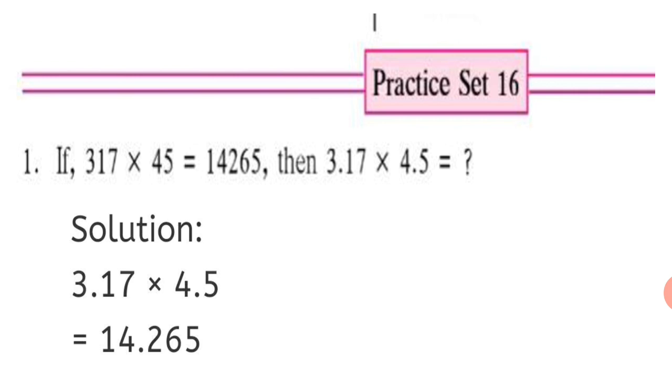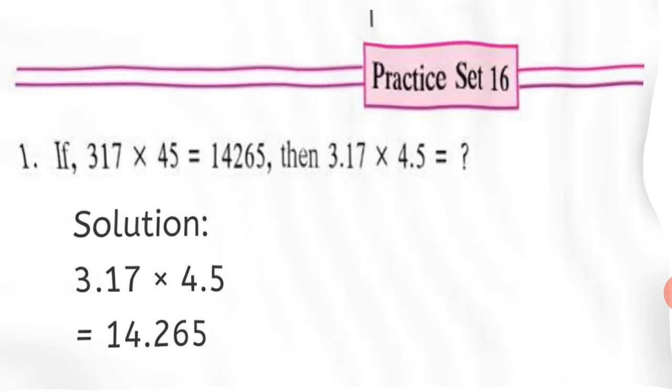So 2 plus 1, total 3 places we count in the answer and place a decimal point. So 14 point, and after that you can see 3 places are there, 265. All right. So if you get a question like this, then you have to answer accordingly. You need not solve. The answer is given. Just place the decimal point in the correct place.